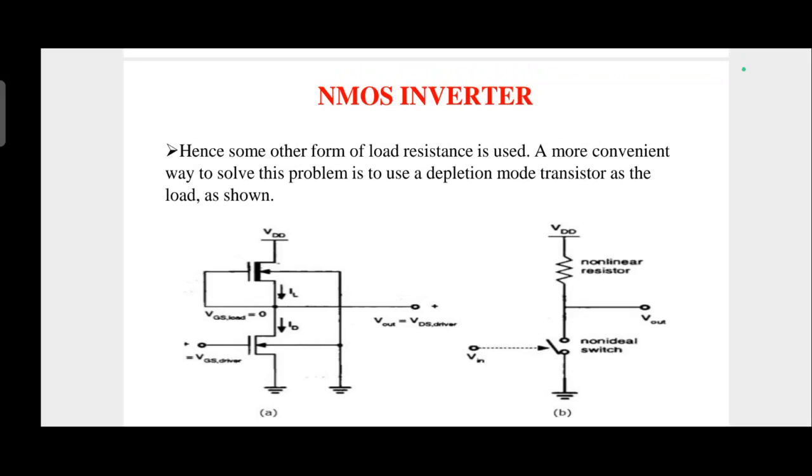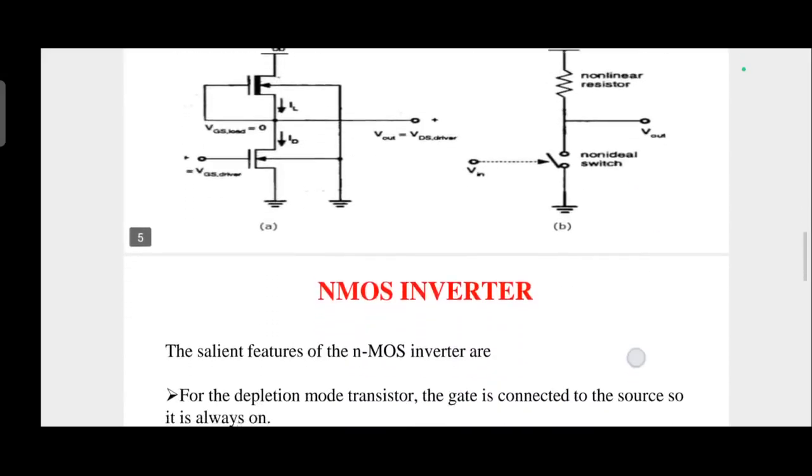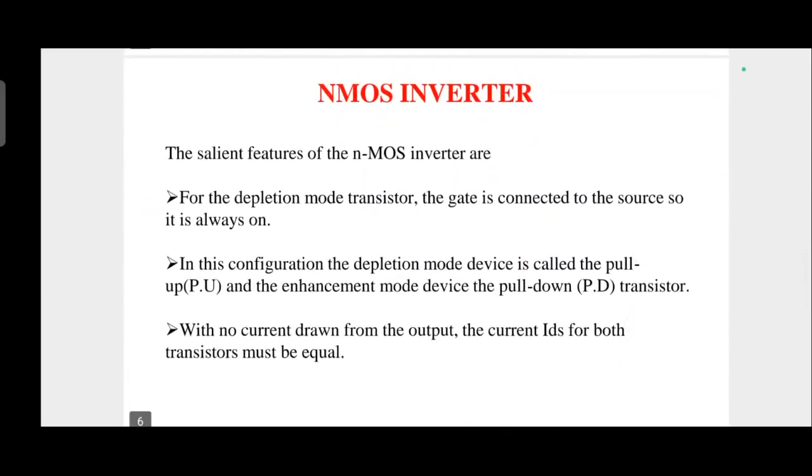And the depletion mode transistor will act like a non-linear resistor. We need to consider a few features while constructing this kind of NMOS inverter. For a depletion mode transistor, the gate is always connected to the source. That means it should always be completely turned on.